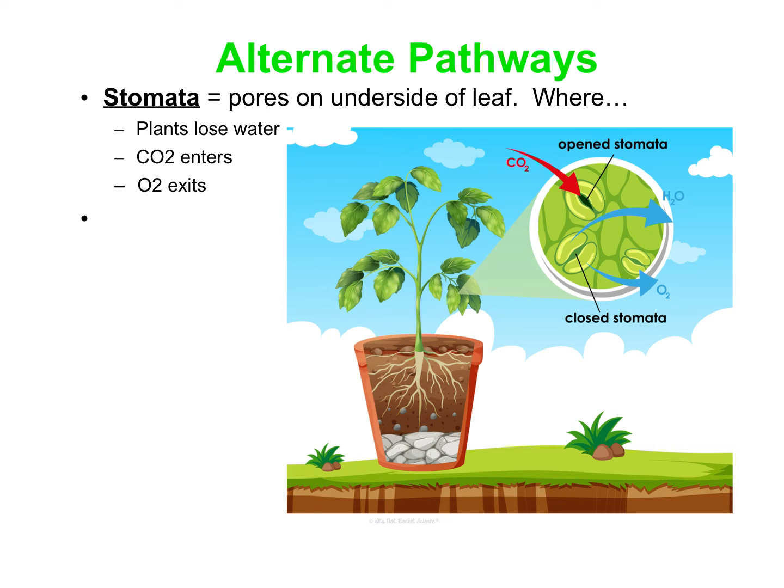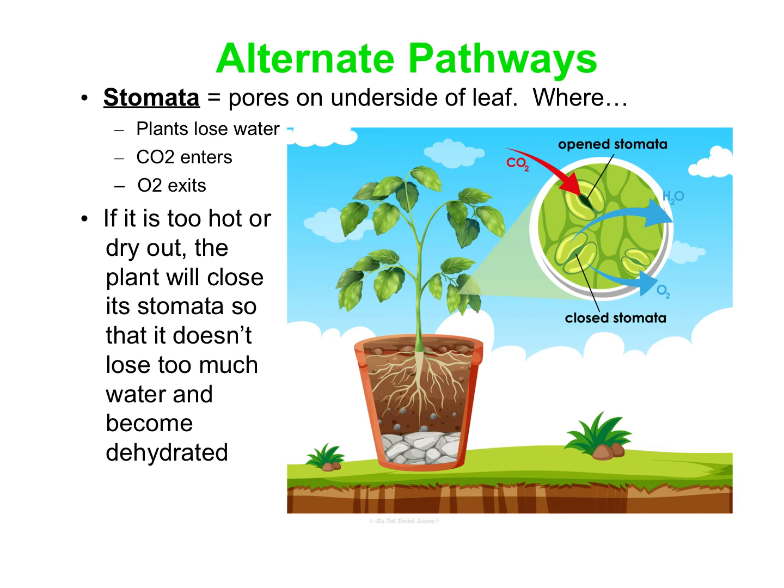So as I said, plants breathe just like we do, and so they need a place for this to come in and out. So because they have these openings on them, if it is too hot or too dry out, the plant will close its stomata so that it doesn't lose as much water and become dehydrated, which is a good thing. We don't want our plant to become dehydrated, but when this happens, this is going to eliminate our gas exchange that's happening.